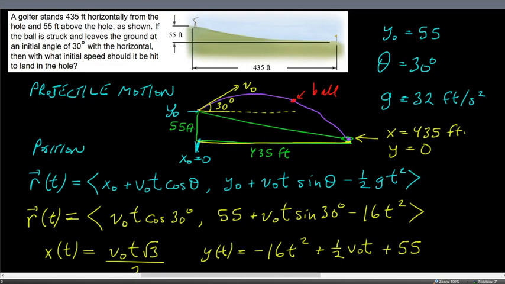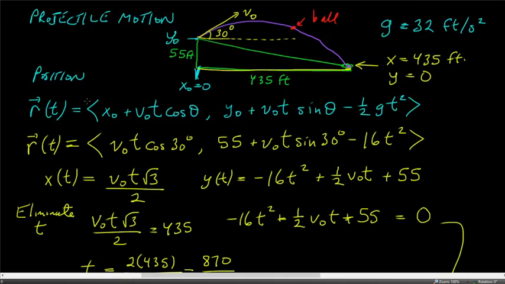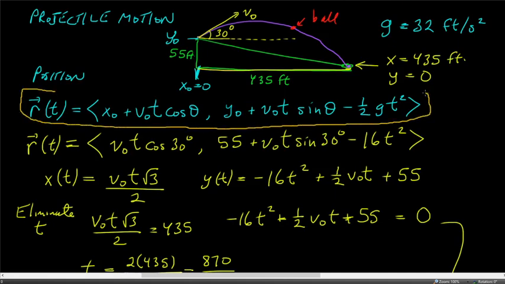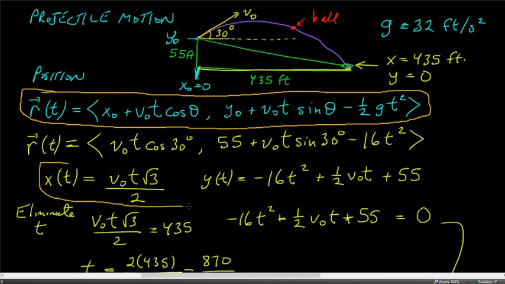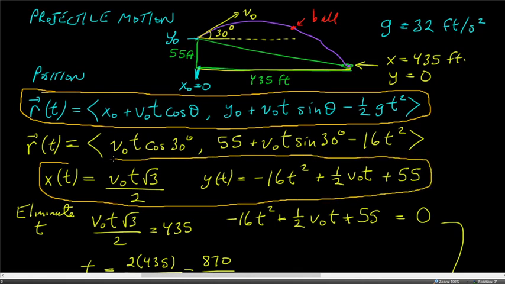It helps to draw the picture. And again, I just used the position function for any projectile motion, plugging in our specific numbers, and then essentially solving a system of two equations in two variables here.